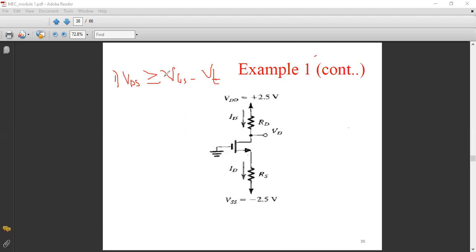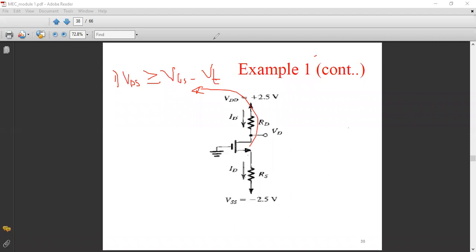So the drain current loses control, actually, right? It cannot be controlled by using VGS. So whenever VDS is greater than or equal to VGS minus VT, then this MOSFET is to operate in which region? Saturation region. So we are going to check this condition whether it is satisfied or not.